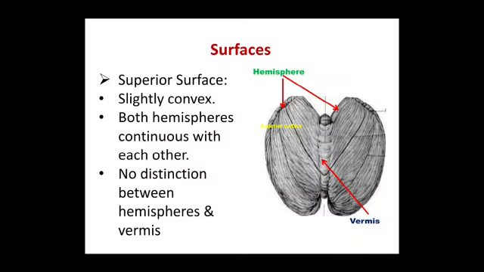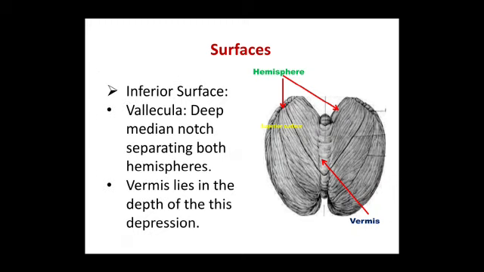The superior surface is slightly convex. Both hemispheres are continuous with each other. There is no distinction between the hemispheres and the vermis. In the inferior surface, there is a deep median notch separating both hemispheres.